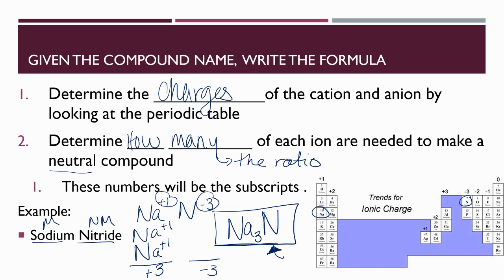So if I think about +1 and -3, well, the least common multiple of 1 and 3 is 3. So I need my positive charges to match 3, and I need my negative charges to match 3. In order for the positives to match 3, I need 3 sodiums. In order for the negative charges to match that least common multiple of 3, I only needed 1 nitrogen. Okay, so the formula for sodium nitride then is Na3N.